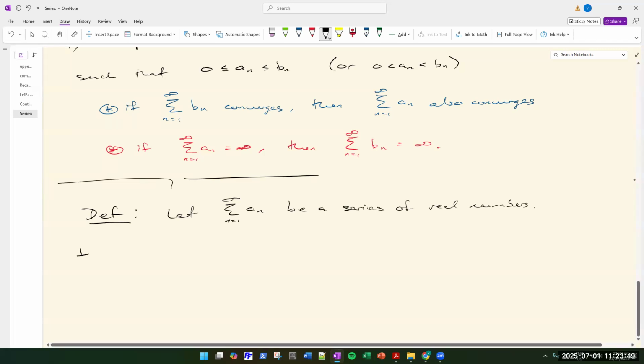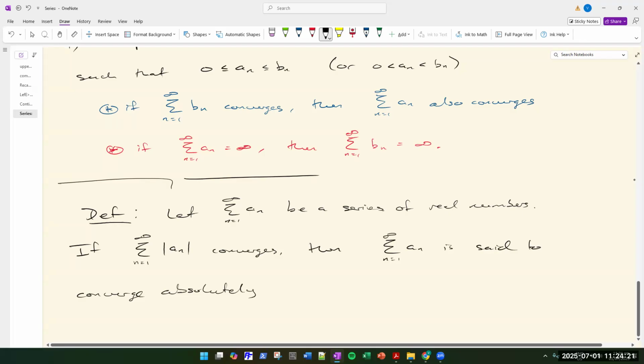If this series, where instead of adding up the ANs, I'm adding up the absolute value of the ANs, converges, then the original series is said to converge absolutely, because we use the modulus or the absolute function in it. Converge absolutely, or be absolutely convergent.